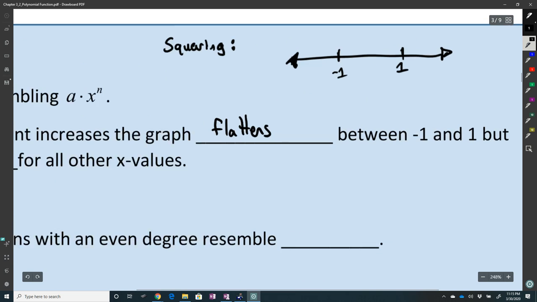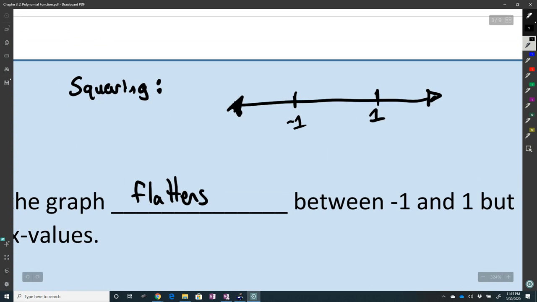What happens when you square a number that's between -1 and 1? Like if I say square 1/2. Well, 1/2 squared is equal to 1/4. Notice that it got smaller. Whereas if I said 3 squared or 2 squared, that gave me 4, and that's larger.